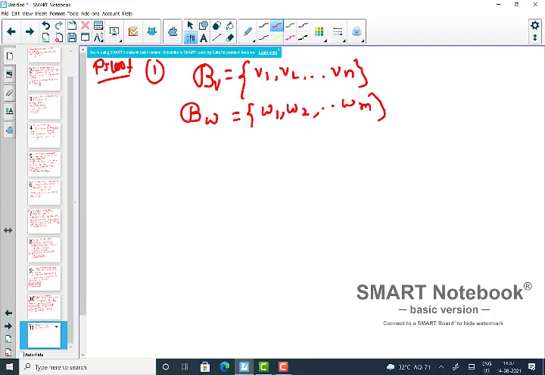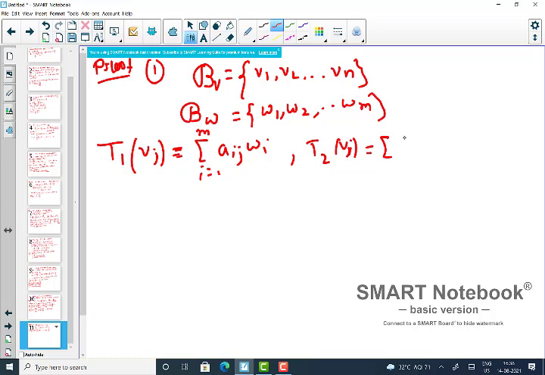You know that T1 of Vj is the summation of Aij Wi, i equal to 1 to m. And T2 of Vj, with another constant, Bij, is the summation of Bij Wi, i equal to 1 to m.